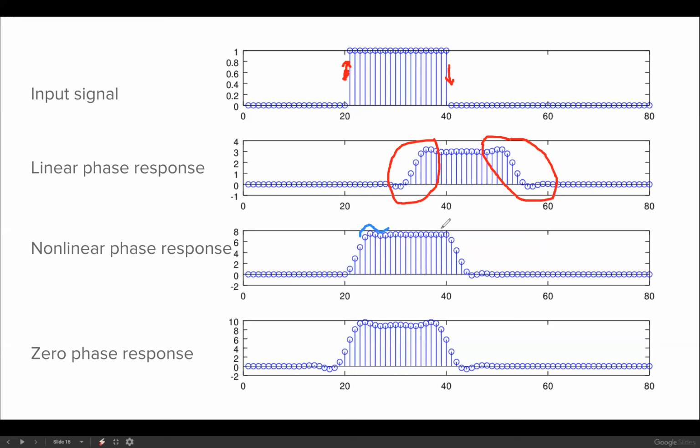And then we don't have the undershoot at the beginning, but we have it here. So this is not symmetric anymore. Oh, actually it's a different symmetry here. But anyways, it skews the signal. The signal shape is not symmetrical anymore.